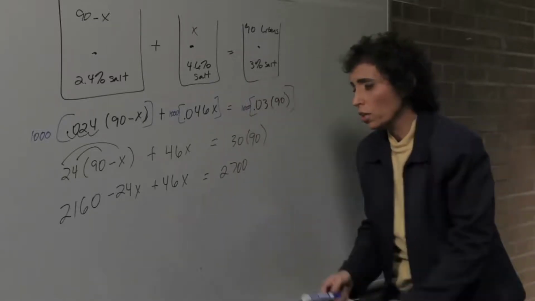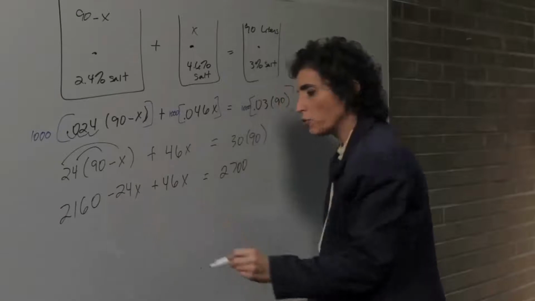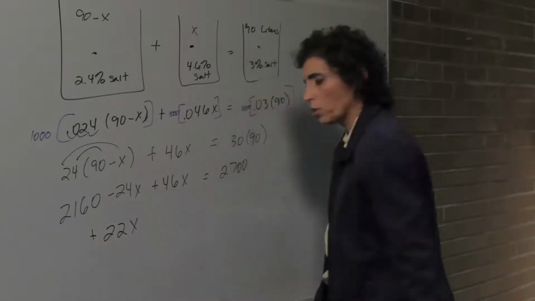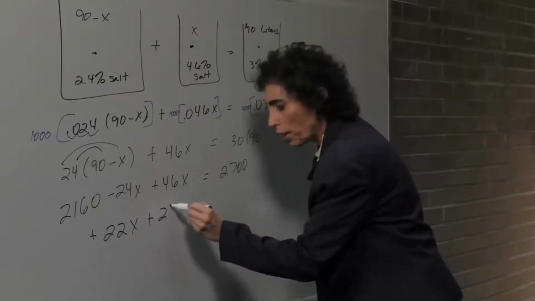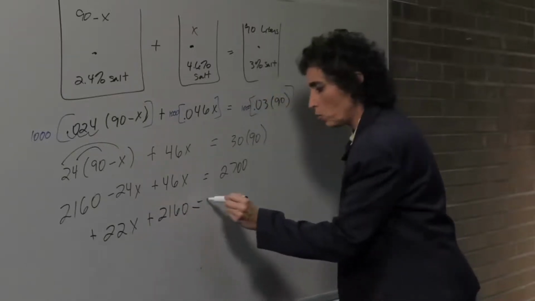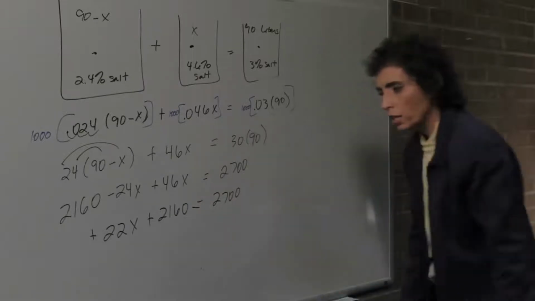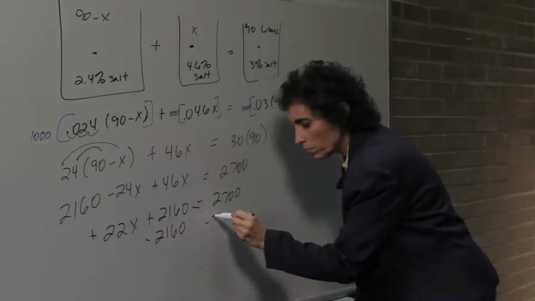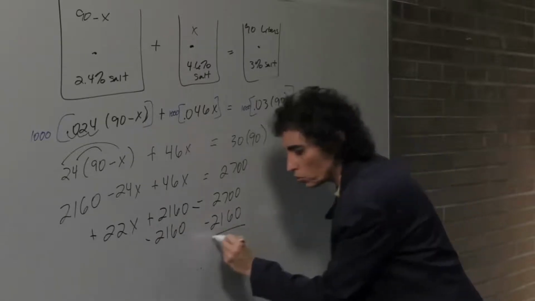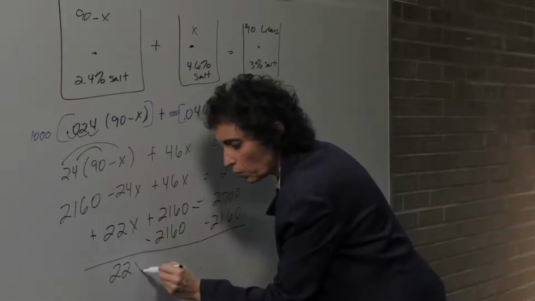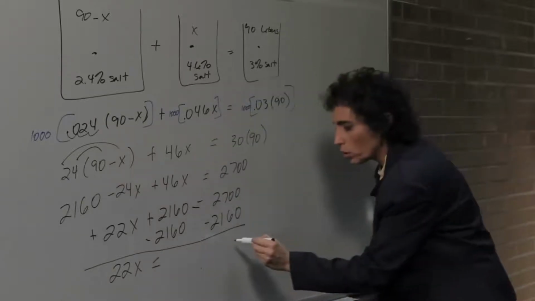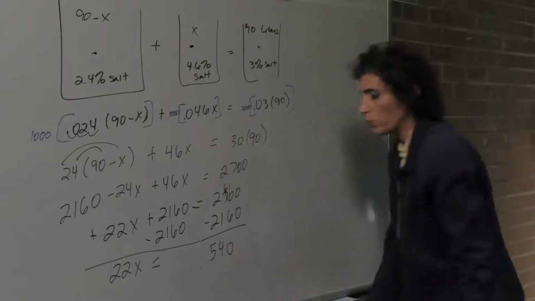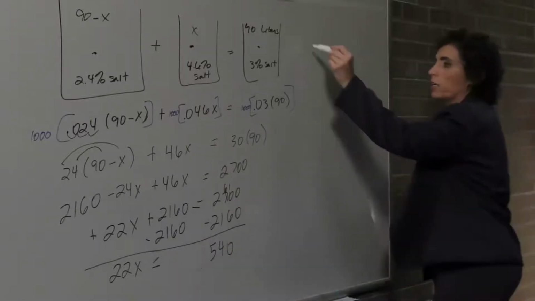I owe 24, but I have 46, so I have 22x plus 2,160 equals 2,700. Subtract 2,160. Now we're getting pretty low here. 22x equals 0. We're going to have to borrow. We got 4, we got 5. So we have 22x equals 540. I can come here.